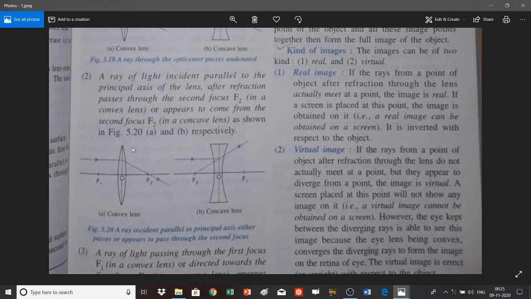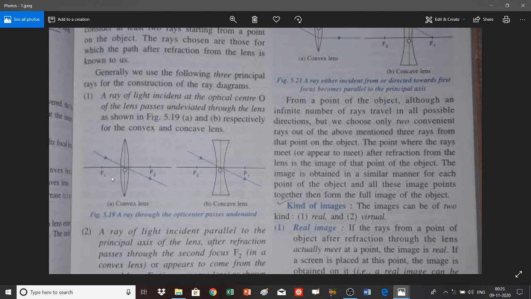Here is number two, another ray convention: if you consider a ray which is parallel to the principal axis. What is the principal axis? This is principal focus one and this is principal focus two, and if you join these two foci by a straight line which passes through the optical center, it is called the principal axis.